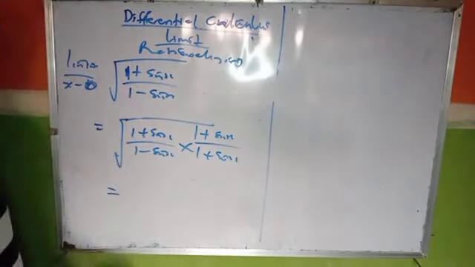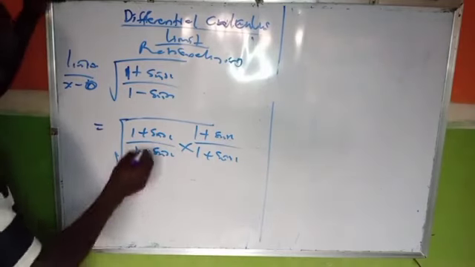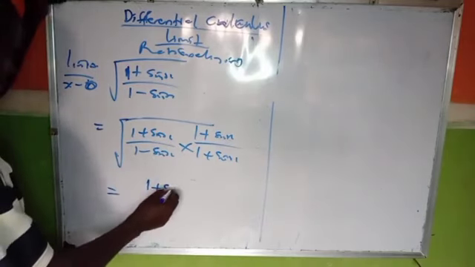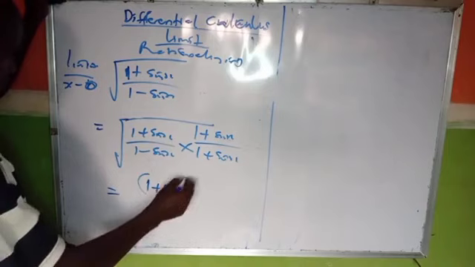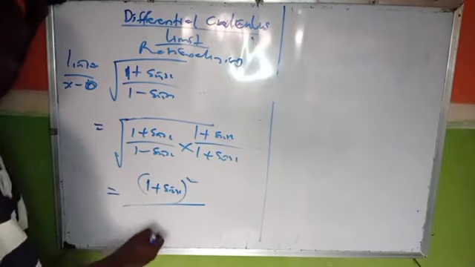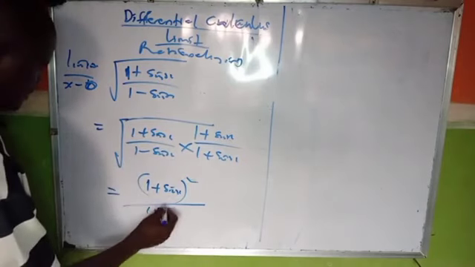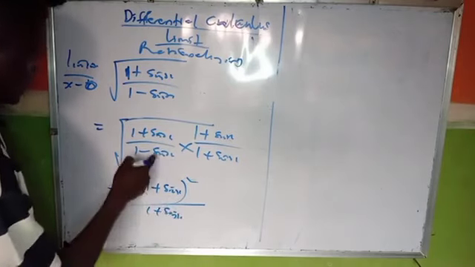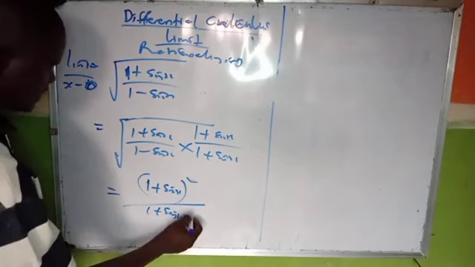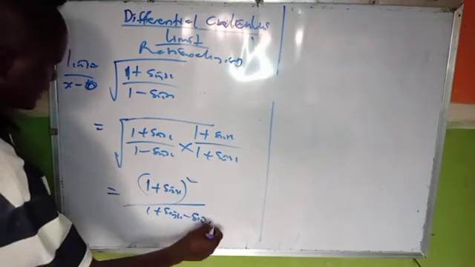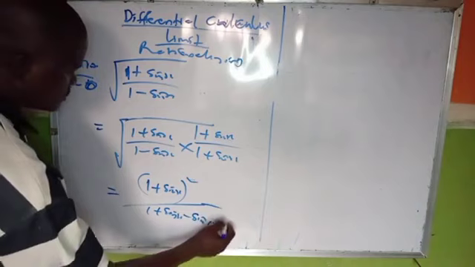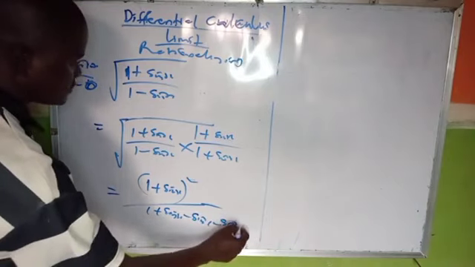So, the numerator will simply give you 1 plus sine x squared. Why? 1 minus this multiplied by this gives sine x, this multiplied by this gives minus sine x, then minus sine square x.